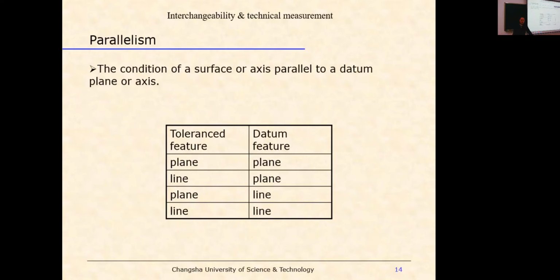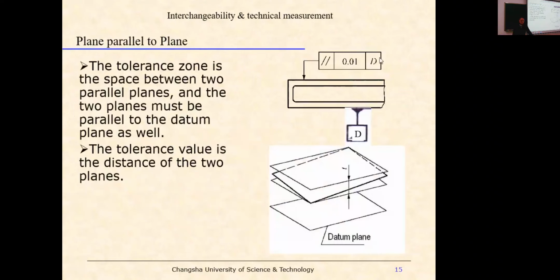So there are four different types. The first one is a plane parallel to a plane, like this one. The tolerance zone is a space between two parallel planes. So like this one, this plane is parallel to this plane, right? So that is a frame. So this is the parallelism symbol, right? Parallel, and 0.01 is like this plane and this plane.